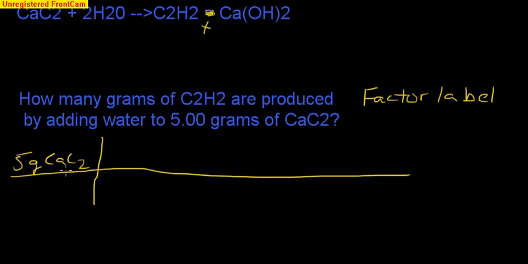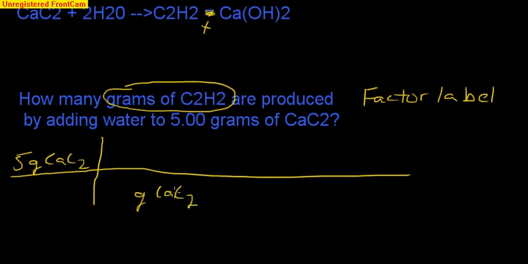So I want to cancel out my CaC2. The ultimate goal is to end up with grams of C2H2, grams of acetylene. So I've got grams of CaC2 on the top, and I want to cancel out grams of CaC2 on the bottom.